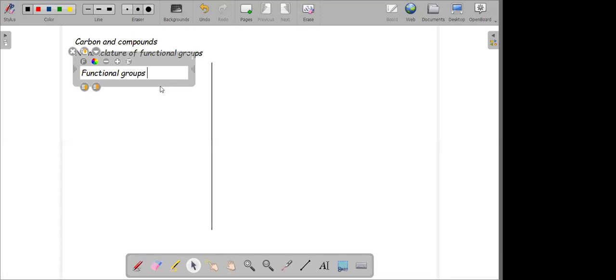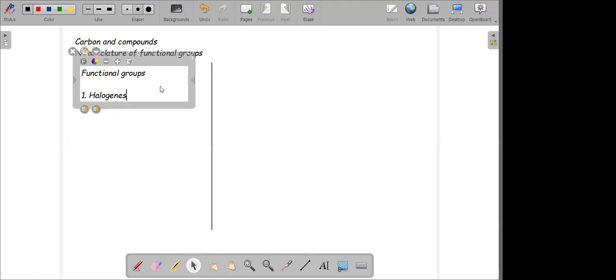The first functional group that we saw was halogens. So what are halogens? Other elements such as fluorine, chlorine, bromine, and iodine. Okay, so the elements fluorine, chlorine, bromine, iodine are called halogens.